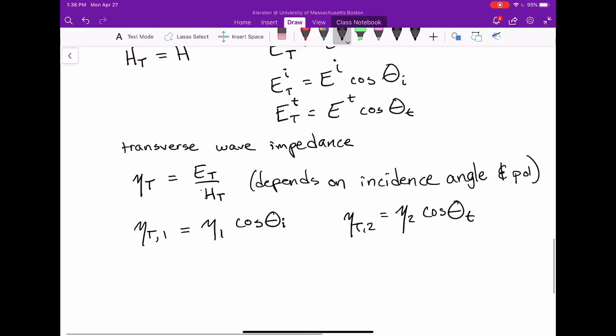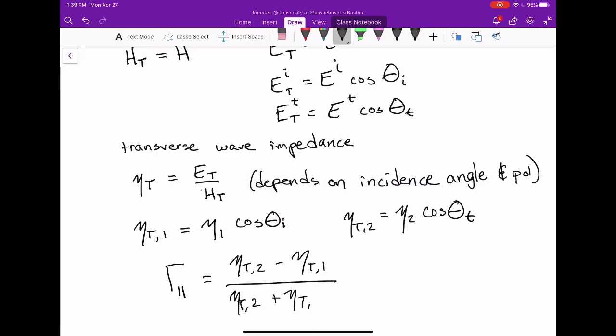So then you get that the reflection coefficient for parallel polarization is eta t2 minus eta t1 divided by eta t2 plus eta t1.